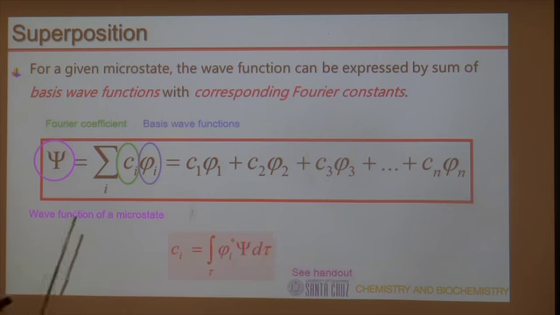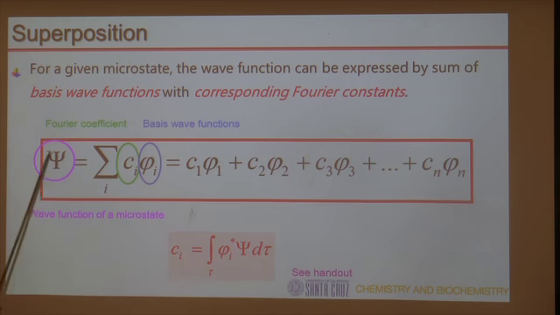And for each Fourier coefficient, you can use this equation to evaluate it. It is something like normalization, but keep in mind that normalization uses two identical wave functions.